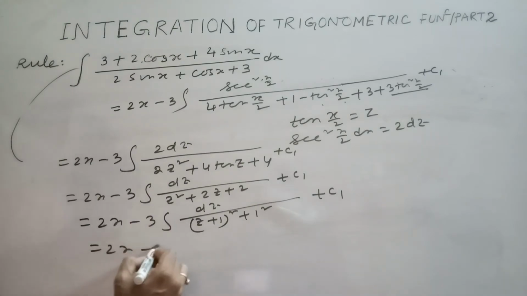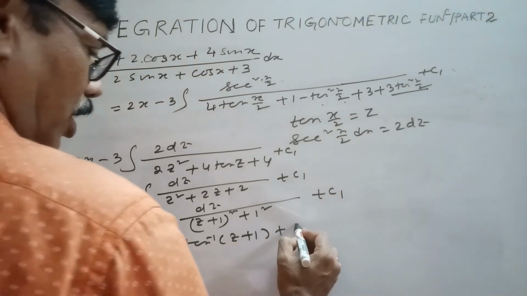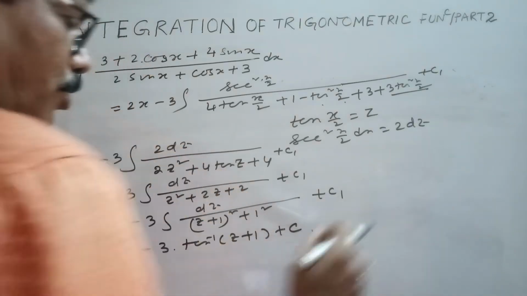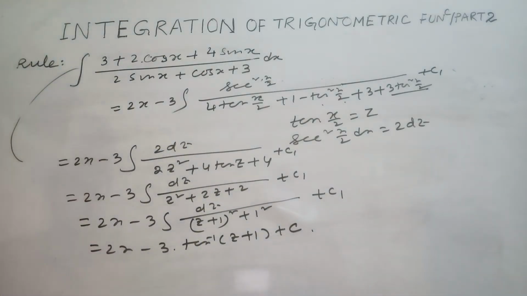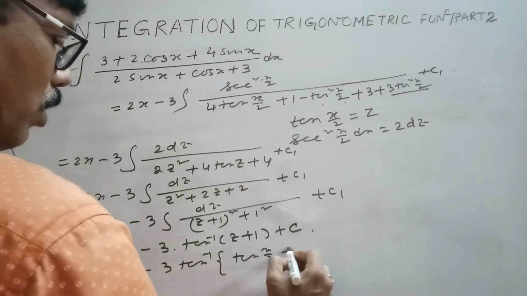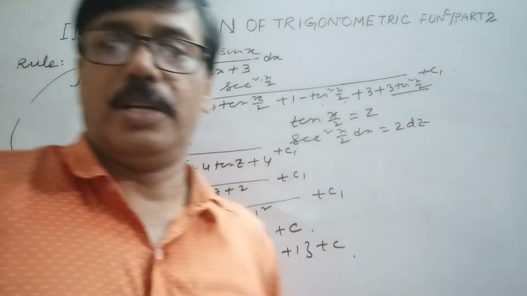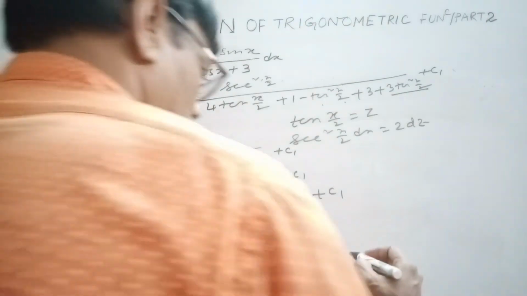So 2x minus 3, a is 1, so tan inverse (z plus 1) plus c, where c1 plus c2 equals c. So (2x minus 3) tan inverse, what is z? Tan x by 2, plus 1, plus c. So this will be the answer.